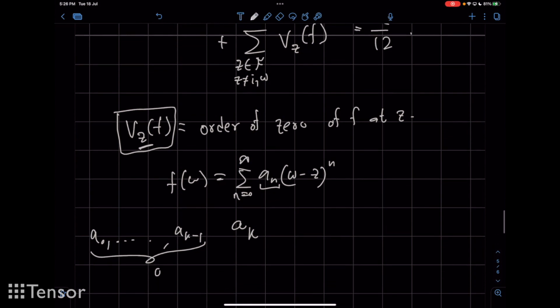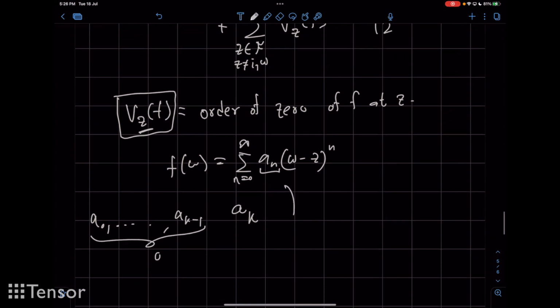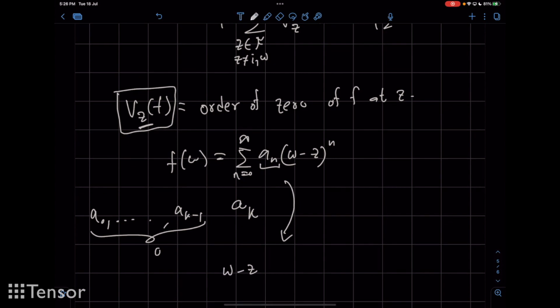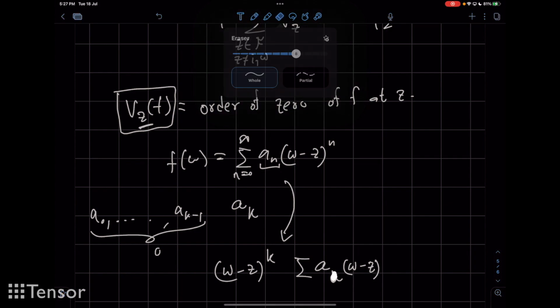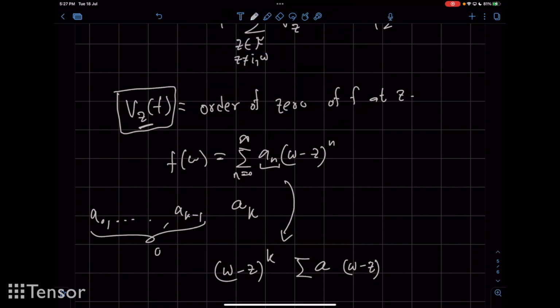We can factor out (w minus z)^k, leaving the sum of a_n (w minus z)^{n-k}, where n runs from k to infinity. And this k is the order of zero of f at z.